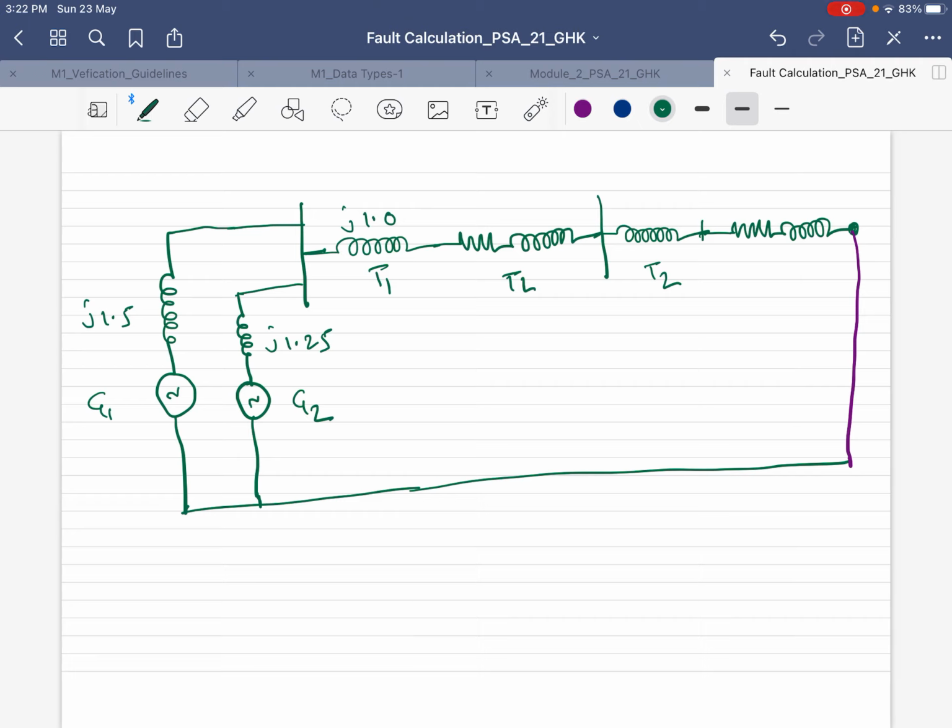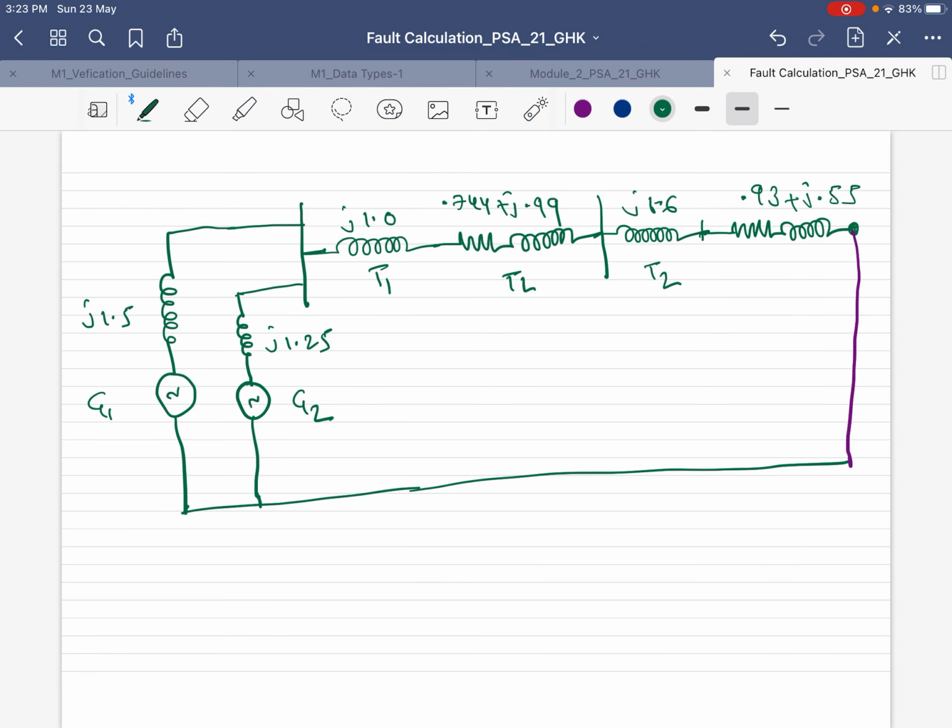Then T2 is j1.6, and the overhead line or transmission line is 0.744 plus j0.99, and lastly the cable has 0.93 plus j0.55.